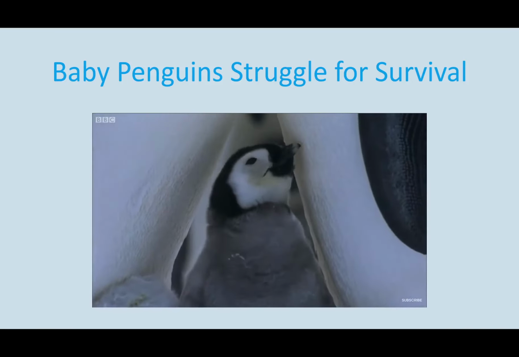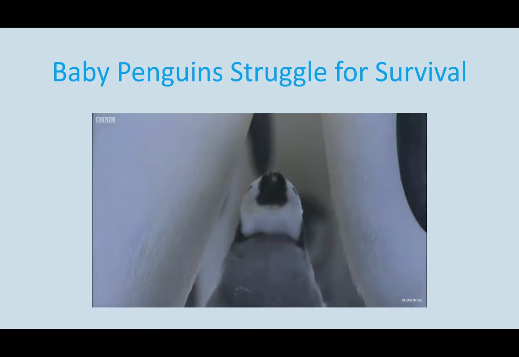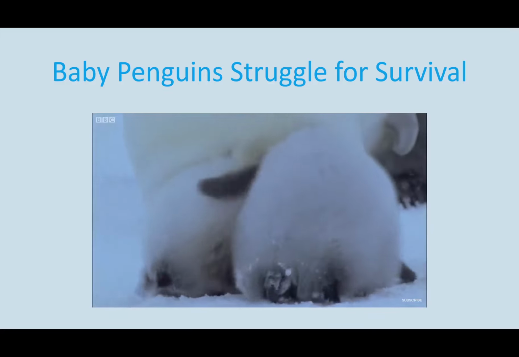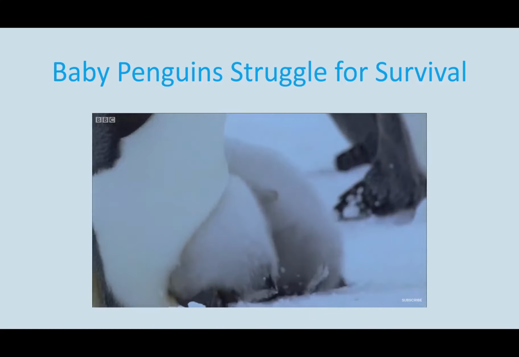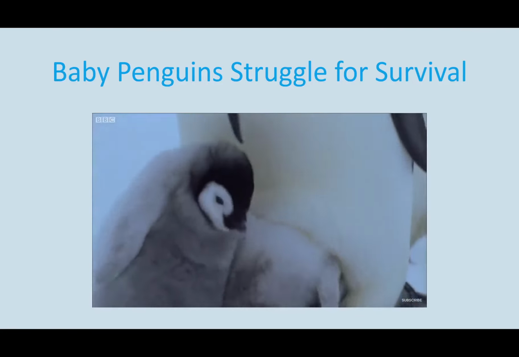This chick is less fortunate. Its mother has not returned to claim it. Another orphan is searching for a new family, but this female already has a chick of her own.